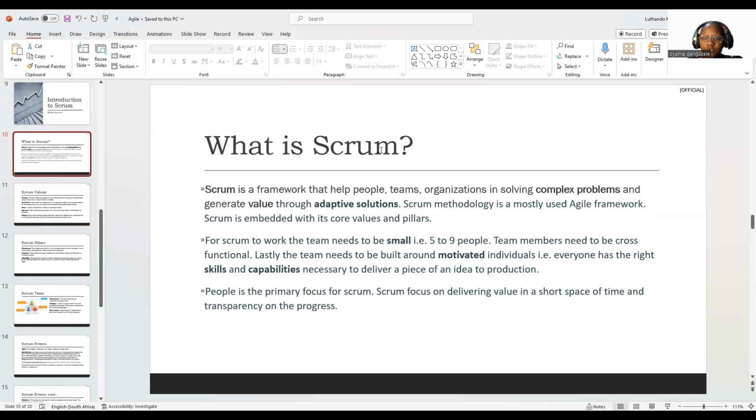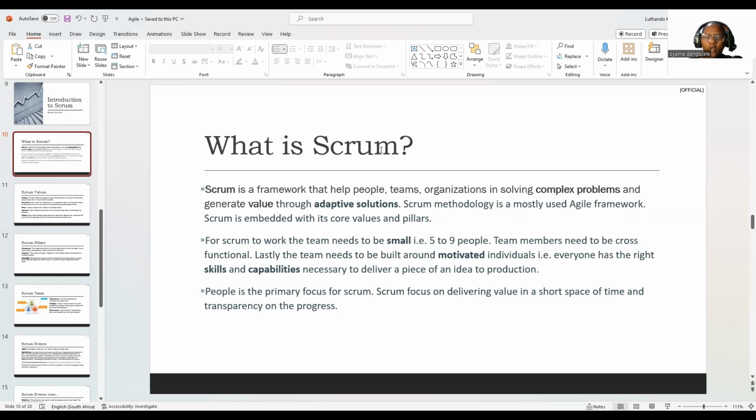These people need to know what they are here for, what they mean to the team and to the organization at large, and why they're building what they're building. As I said as well, we need team members that have the right skills and the right capability to deliver a piece of work.